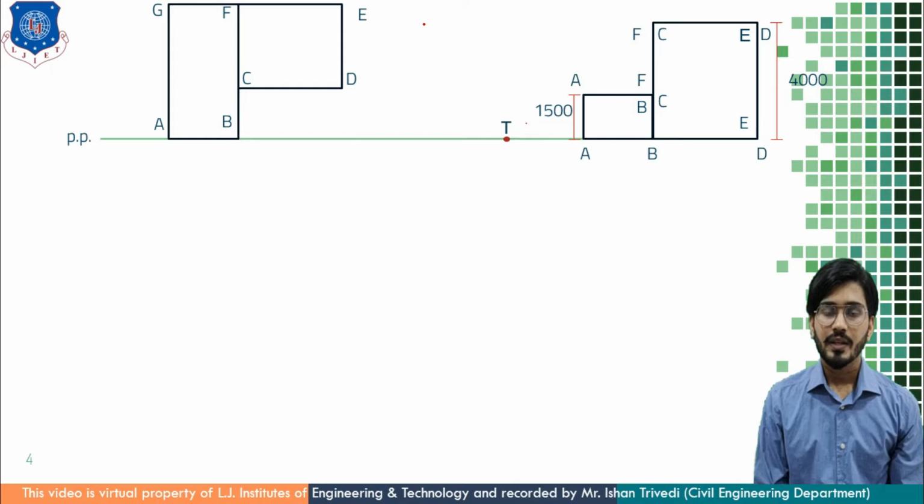Here it is 5 meter. So from this point I have measured that distance and put a point T. You can take this T point anywhere in the picture plane, but for your understanding I am giving you this.